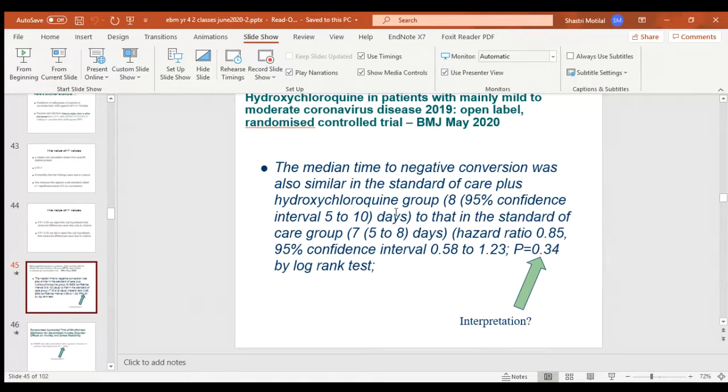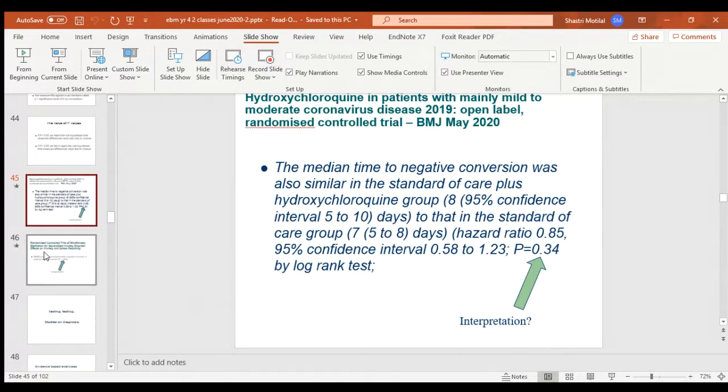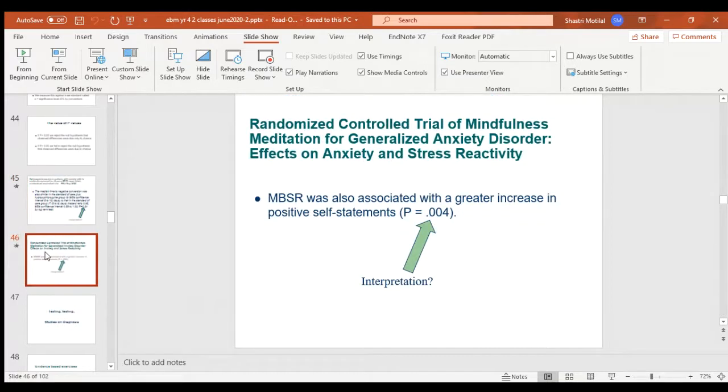So again, straightforward example. And the last one I'll talk about, I just got this from a study that looked at mindfulness-based meditation for generalized anxiety disorder. They actually gave patients who had anxiety a trial of mindfulness meditation, and they gave another group normal standard care.